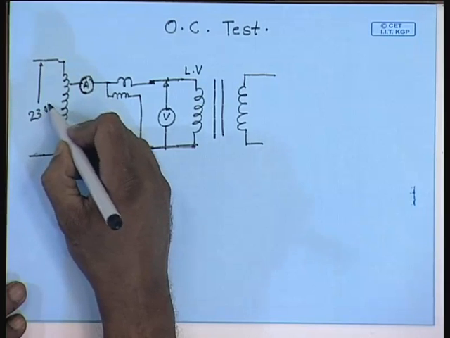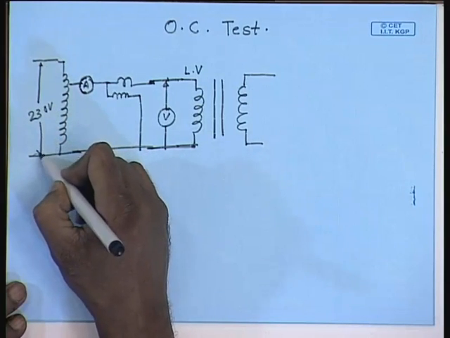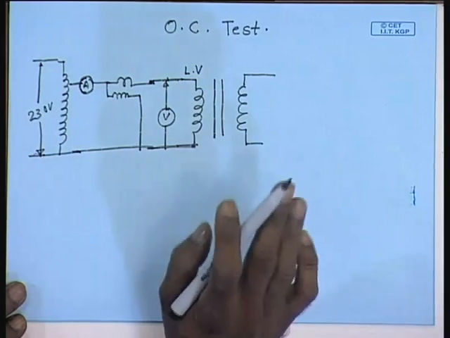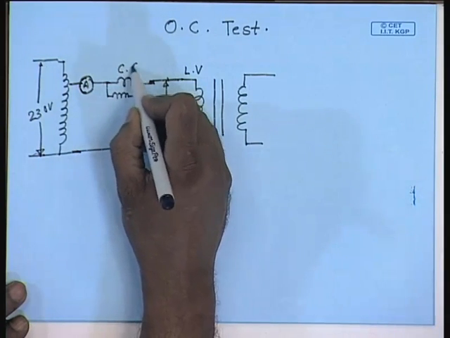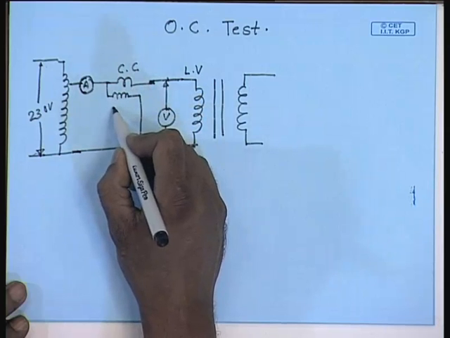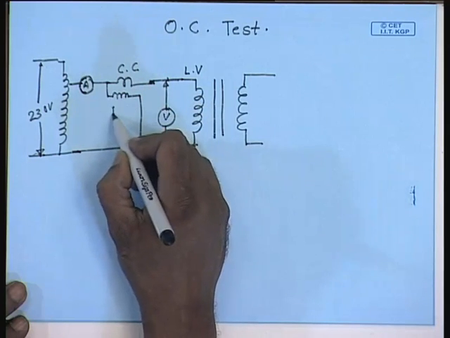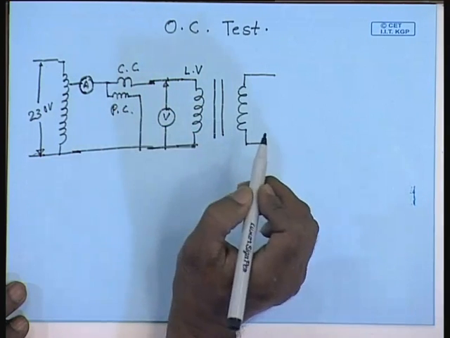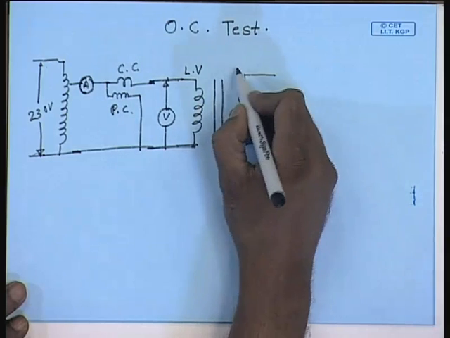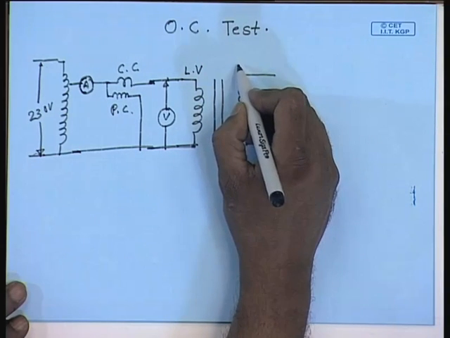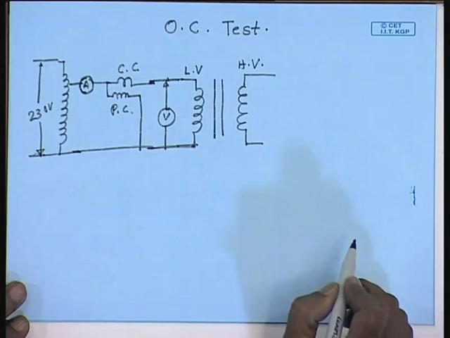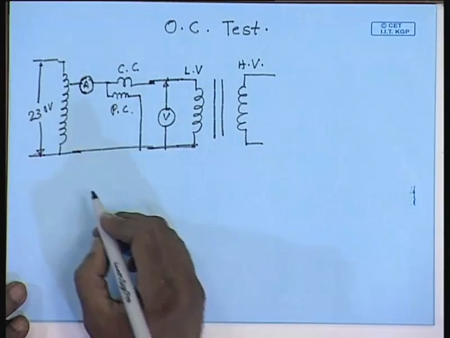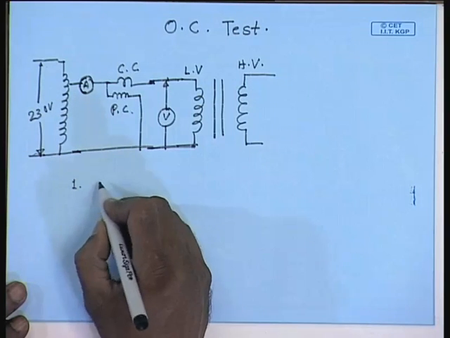For example, the available single phase supply may be of 230 volt, whereas our transformer rated voltage is just 200 volt. So, we need a variac. So, now let us see what is needed. One is single phase variac.